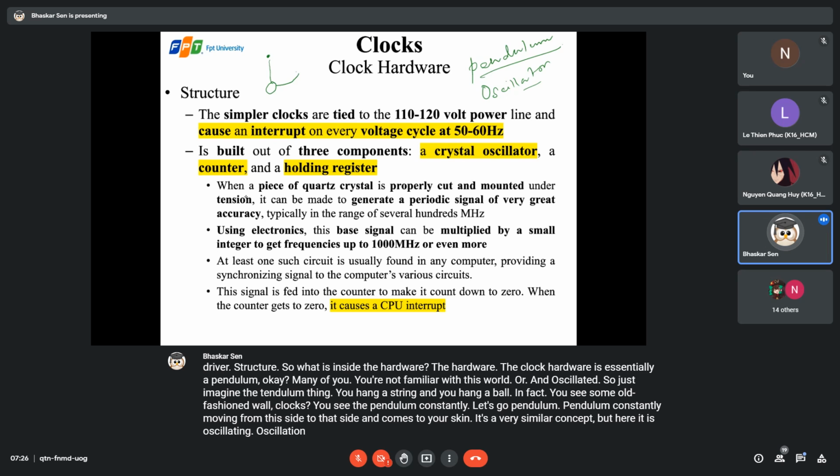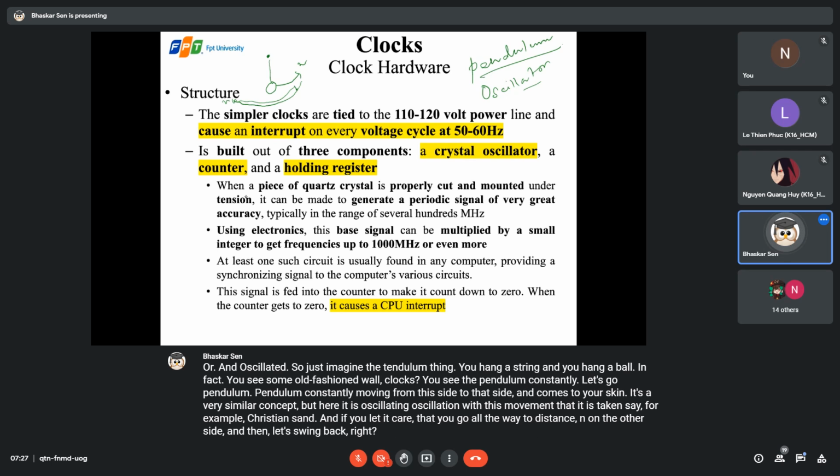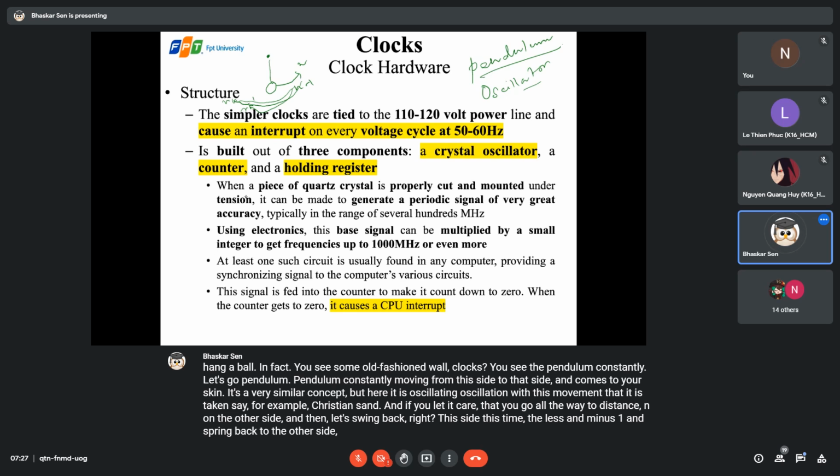Oscillation means this movement: say it is displaced by distance n, and if you let it go, it will go all the way to distance n on the other side, and then swing back to this side, this time a little less, n minus 1, and swing back to the other side by the same distance, n minus 1.